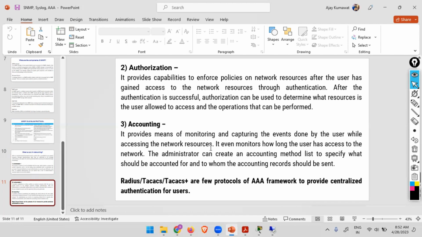So everything will be recorded. So the admin can create an accounting method list to specify what should be accounted, means what should be recorded, and to whom the accounting report should be sent. The report should be sent to whom? The admin, right? And for AAA purposes, there are certain protocols like RADIUS, TACACS, and TACACS+. Okay, these are the protocols that are used for AAA purposes. Okay.